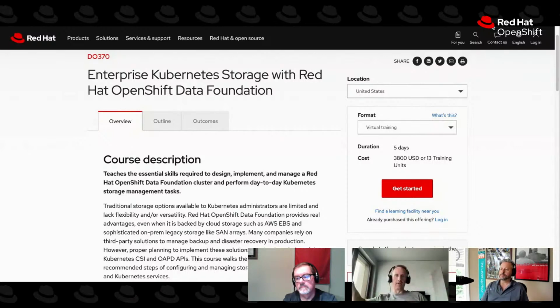Using that common technology across everything minimizes learning curves for one. And I think we just actually announced ODF 4.11 the other day, so constantly evolving the capabilities of that as well.